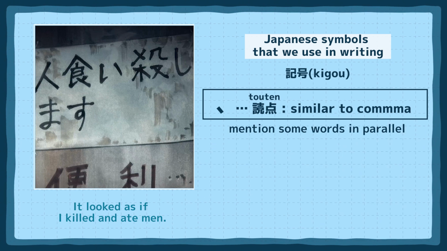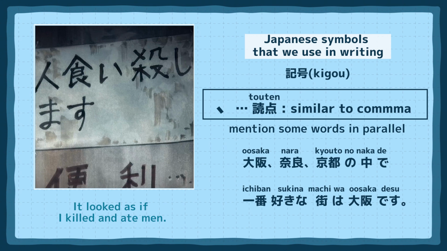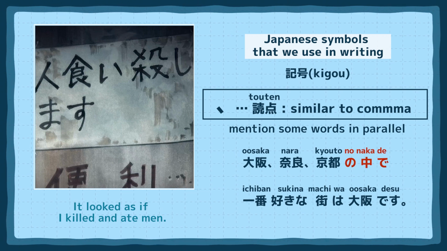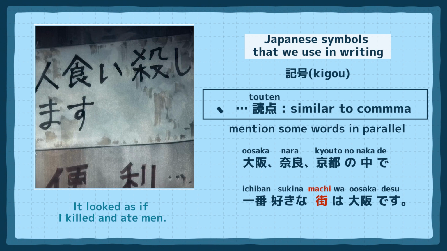Okay, number 3. When you mention some words in parallel, for example, 大阪、奈良、京都の中で一番好きな街は大阪です. の中で is among, 一番 is the most, 好きな is like, 町 is city. Among Osaka, Nara, Kyoto, the city I love the most is Osaka.